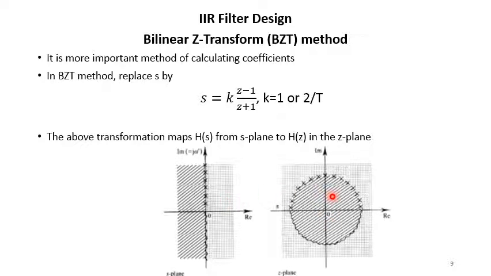Similarly, for the z-plane, if the poles are lying inside the unit circle, then we have a stable IIR system. If the poles are lying outside the unit circle, then we call such a system an unstable system.